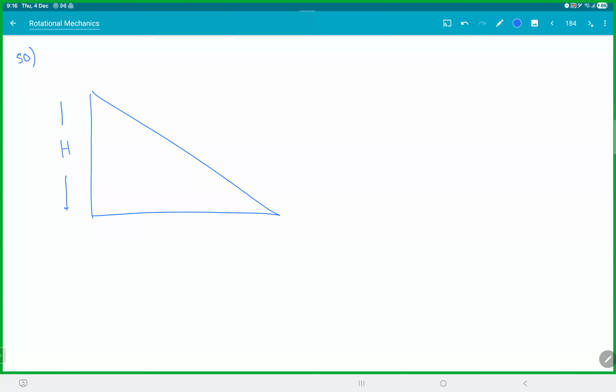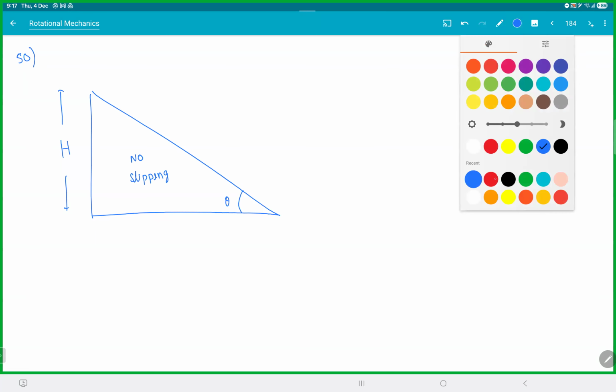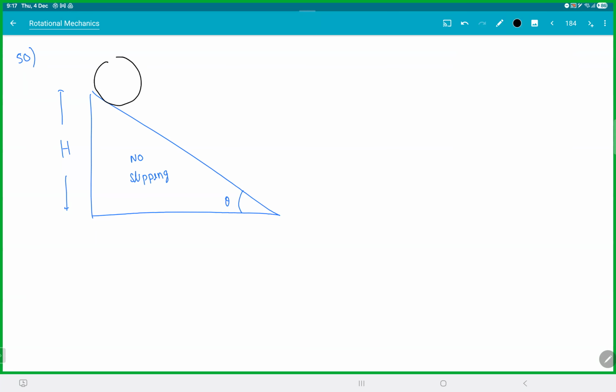So height h, theta. This is no slipping. When I say no slipping, there is friction. We have a hollow shell. Hope you remember the definition of a hollow shell. Mass M and radius r. Now this thing is filled with water. Non-viscous water, meaning there is no friction.